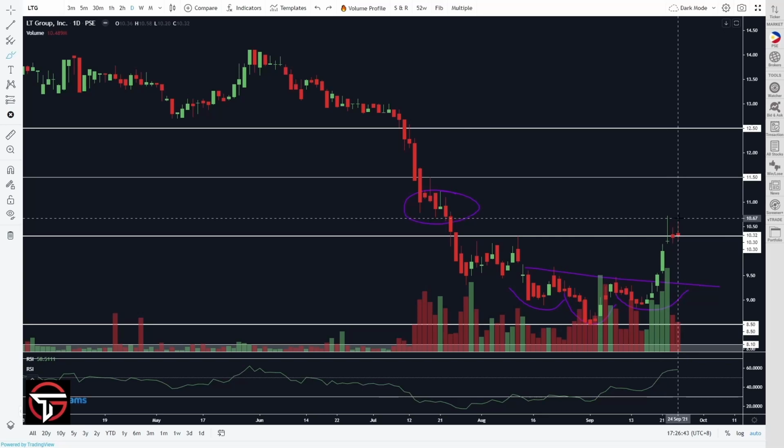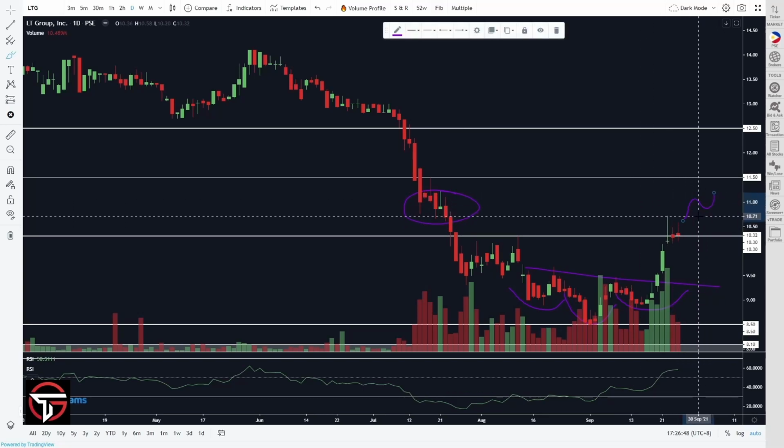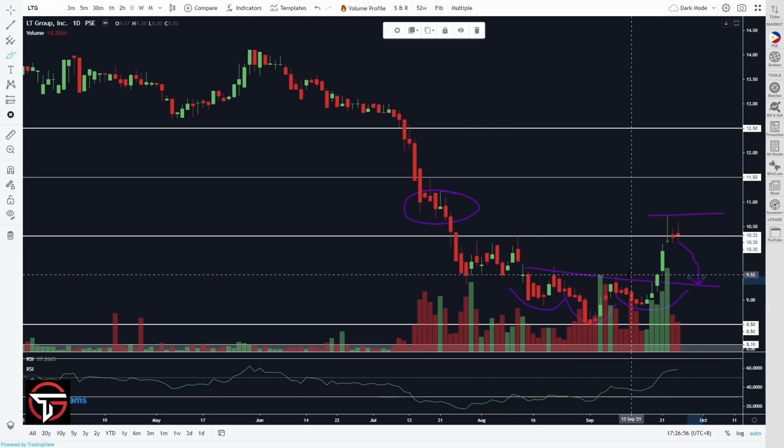Doon tayo nagkakaroon ng bentahan. So ngayon, ang tinitingnan natin is kailangan mabasag natin 'to para mag-resume yung buying pressure at least again from this particular time frame. Now, if it pulls back dito, 'di ba? Number one, we need to understand na itong pattern na 'to, itong inverted head and shoulders, na-meet na niya yung pattern target niya.